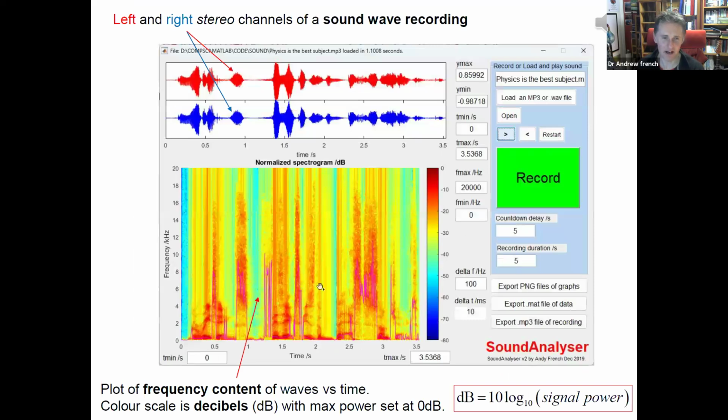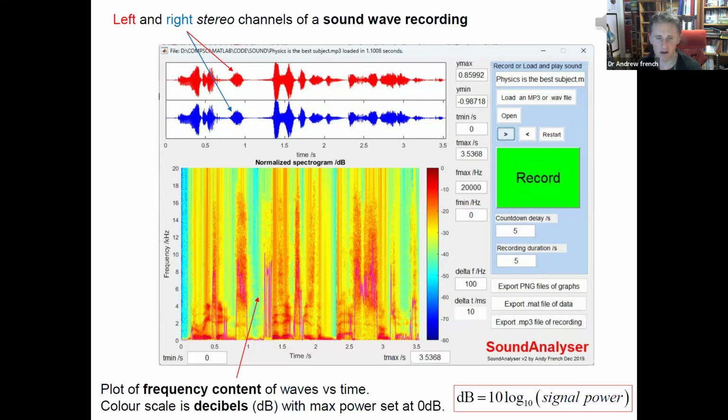Right. Okay. So we're going to record some sound now. I've been giving this a go, and this is what we call a spectrograph. We're going to record a signal about 44,000 times a second. This is again another little MATLAB app. I've got right and left channels. It's a stereo recording. Then we're going to look at the frequency content of this. Every, I think it's 10 milliseconds, we're going to do something called a Fourier transform.